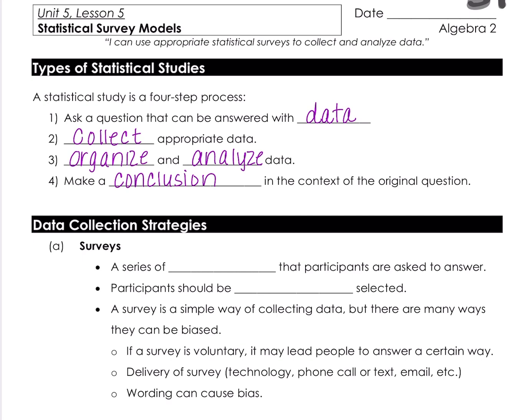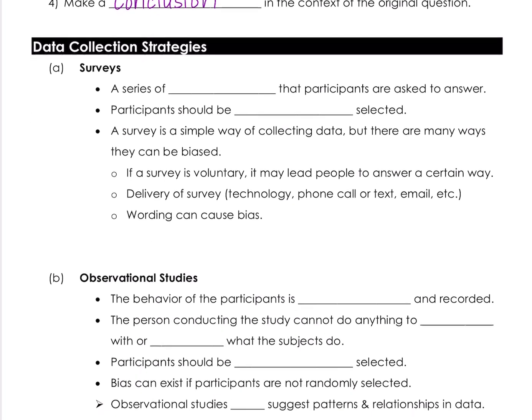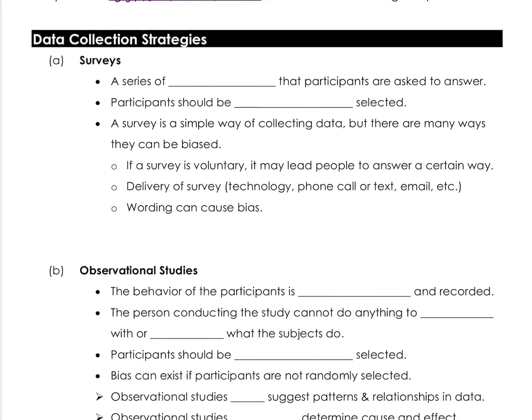Now, there are 3 main types of statistical studies that we are going to really look at. The first of those 3 is surveys. You guys have all participated in surveys before. A survey is a series of questions that participants are asked to answer. It could be one question, it could be a questionnaire with a bunch of them, but it's really just simple questions that you have to answer.